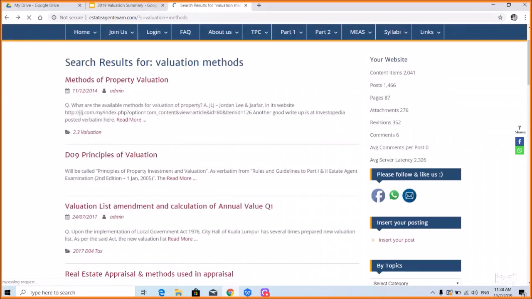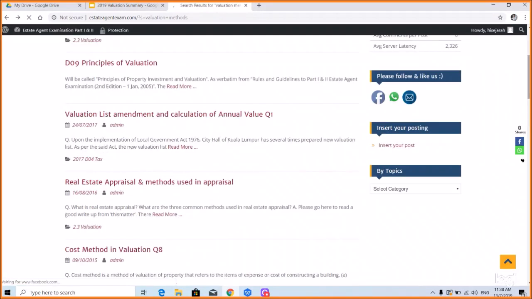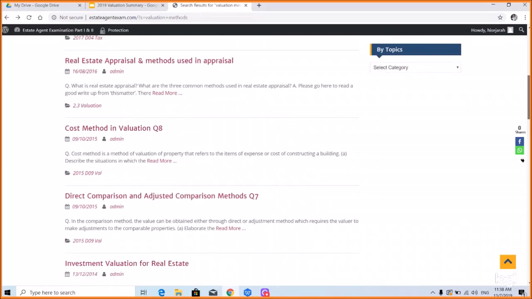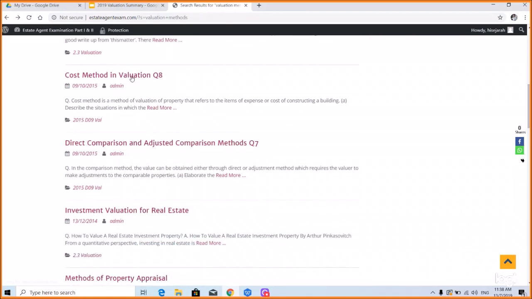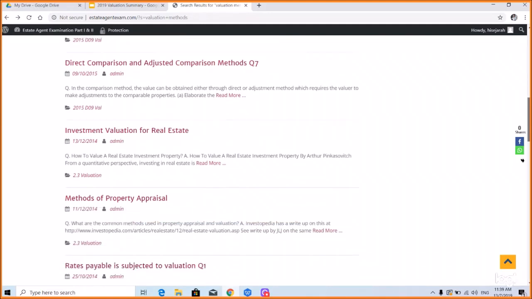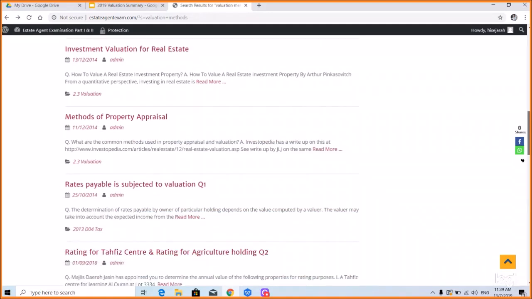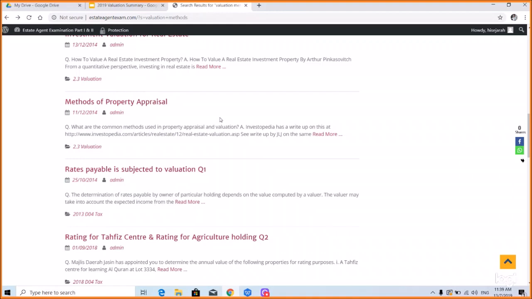And then also, maybe use the previous 2015 questions, cost method evaluation, and other quite easily reachable topics near the method of property appraisal. This is actually not a past year question.